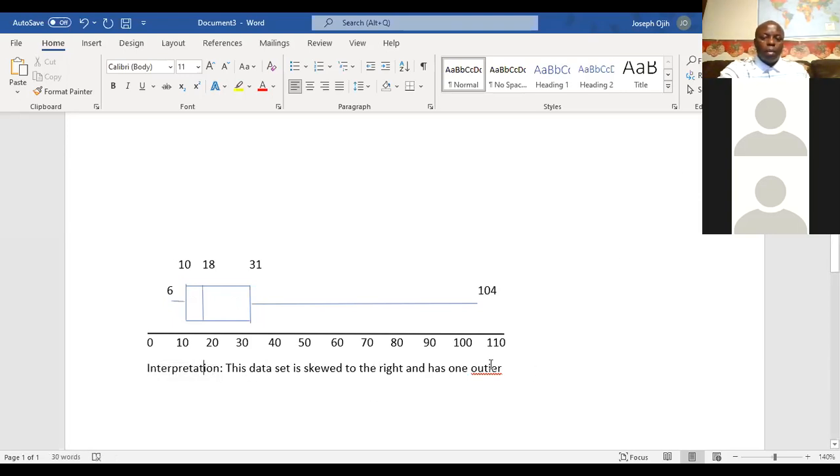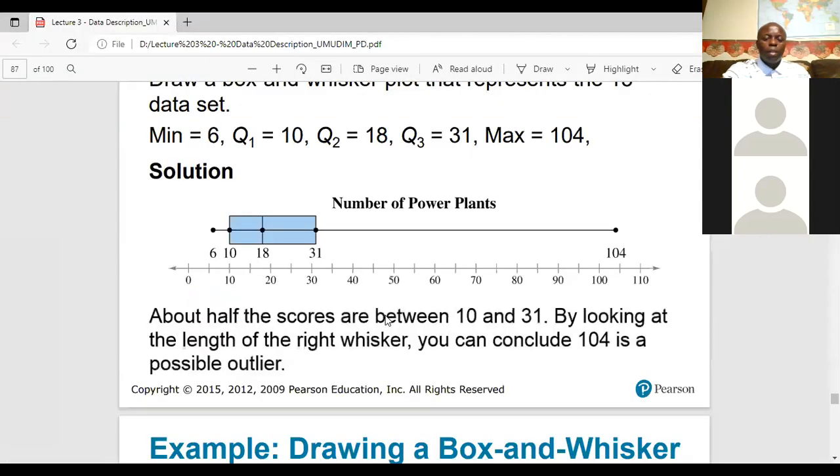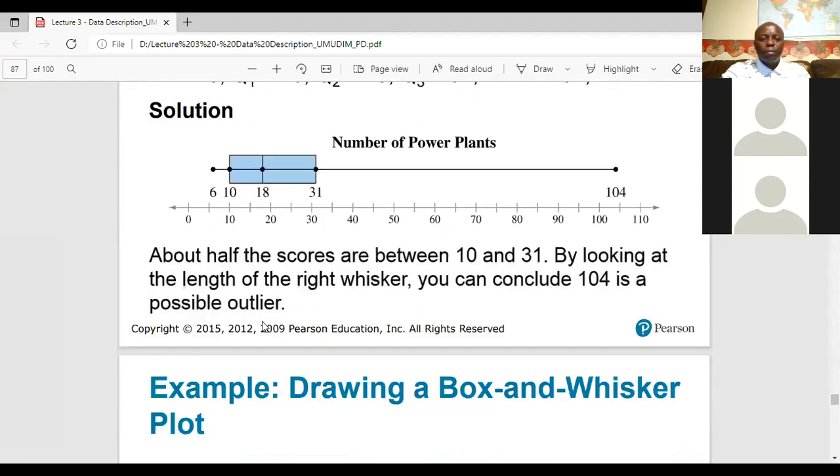So that's another way you can interpret this. By looking at the length of the right whisker, we can conclude that 104 is a possible outlier.